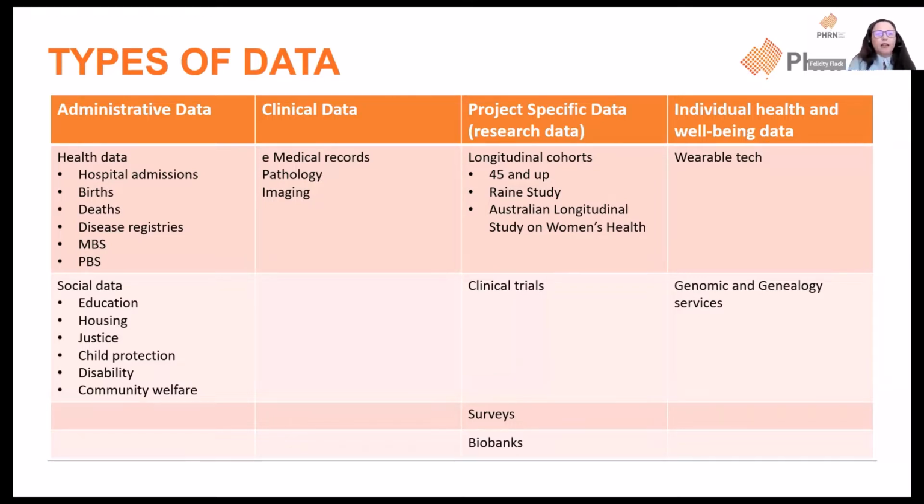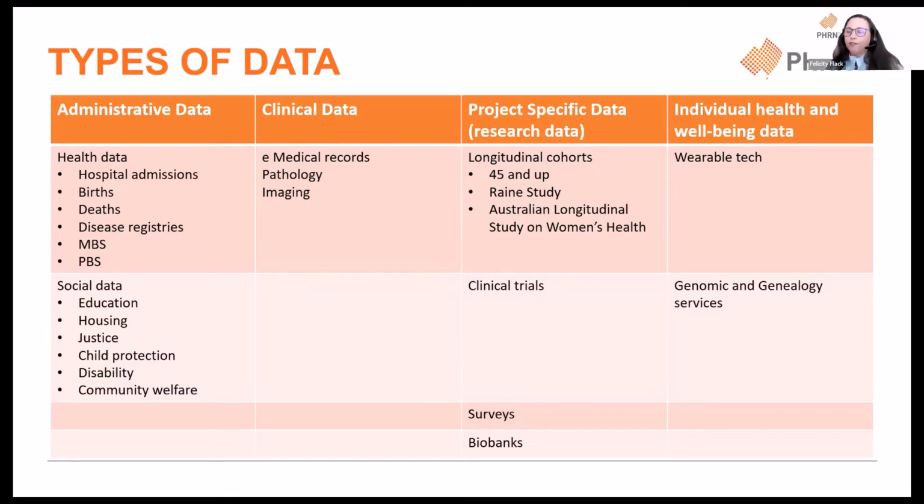The second type of data that we can link, I'm going to describe as clinical data, and that's the detailed clinical information collected by healthcare providers, and includes things like e-health records, pathology data, imaging data. The next type of data is what I've called here project-specific data or research data.